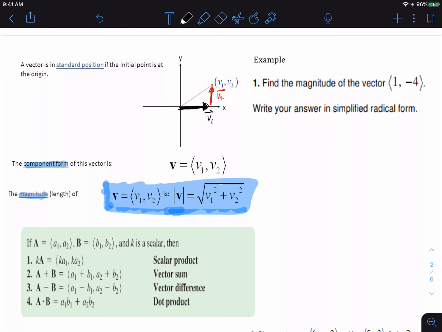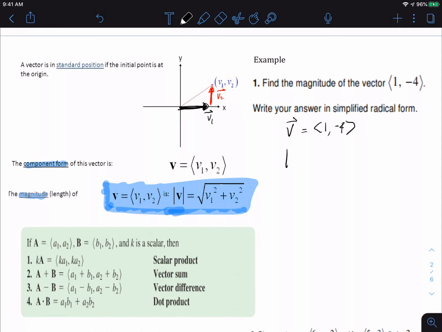So in this first example here, they're saying find the magnitude of the vector and write your answer in the simplest radical form. So the vector that I have is 1 comma negative 4.